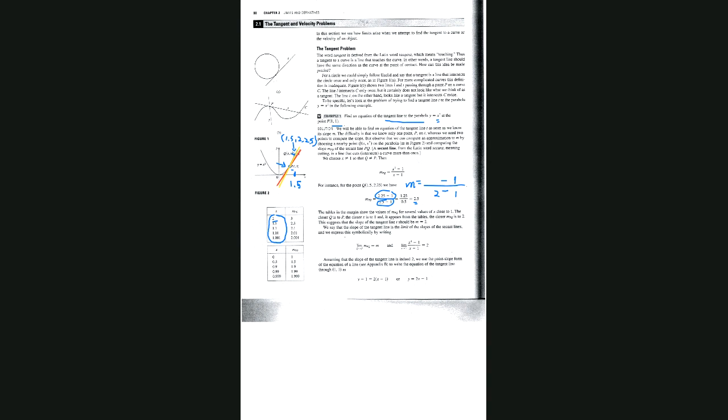Well, y equals x squared, so you're going to have 2 squared, which is 4. So 4 minus 1 is 3. That gets you 3 over 1, and that's how you get a slope of 3. Are we okay with that?